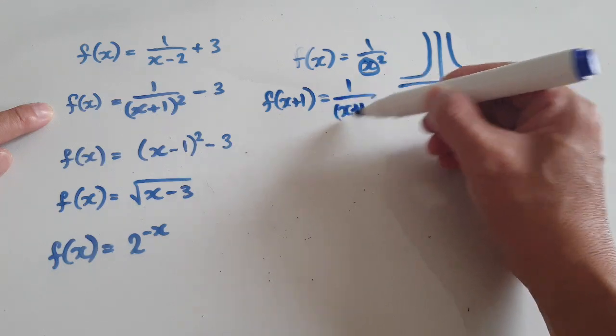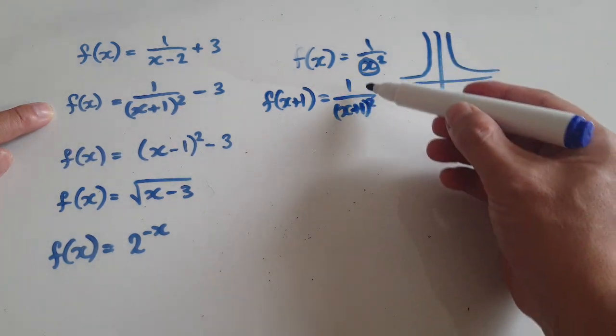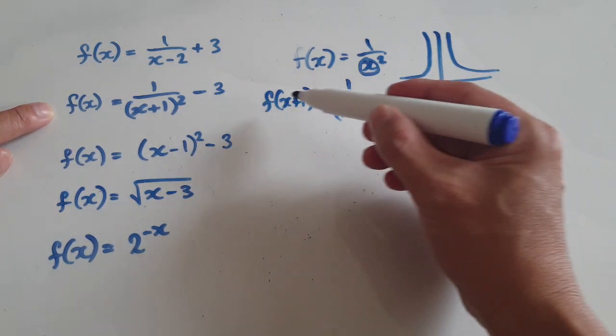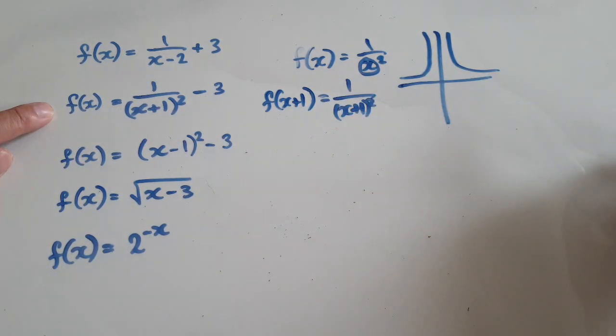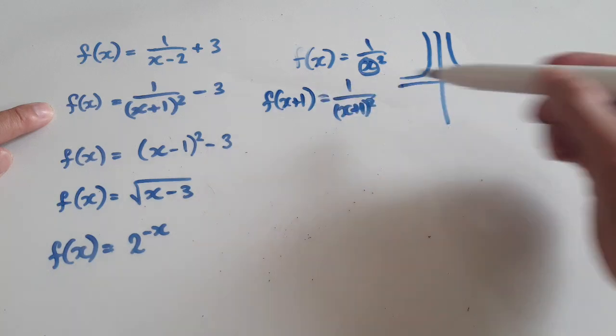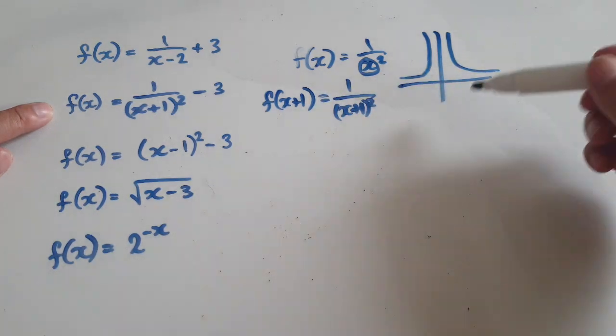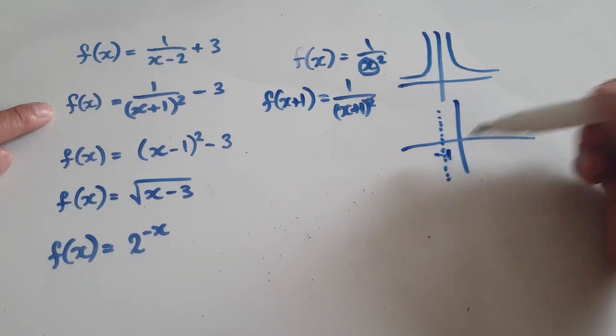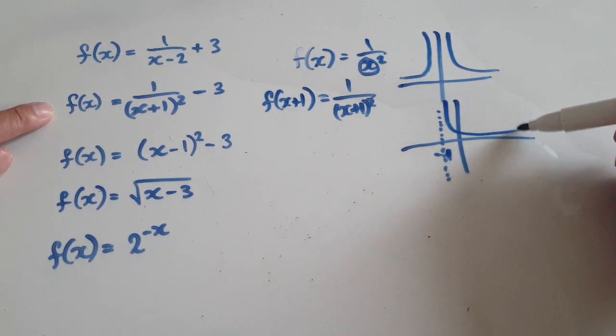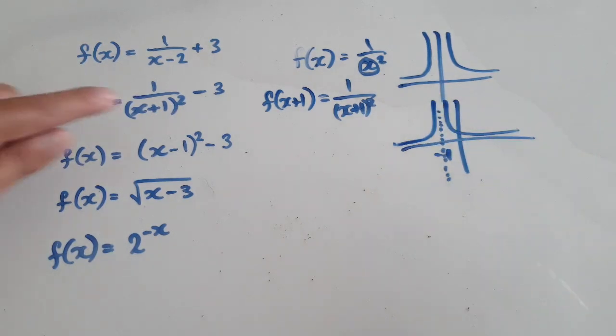Now we have no idea what this looks like, but we do understand this transformation. This transformation will move it across by 1 in the opposite direction. So now it's negative 1, and then the graph looks like this.